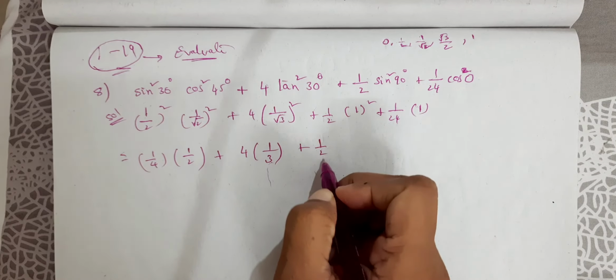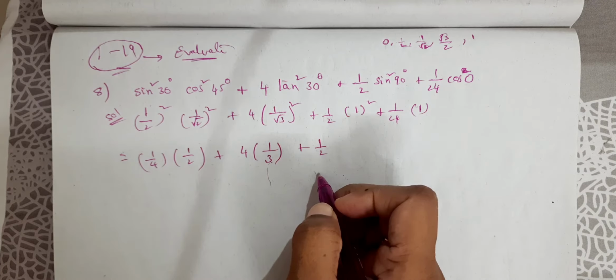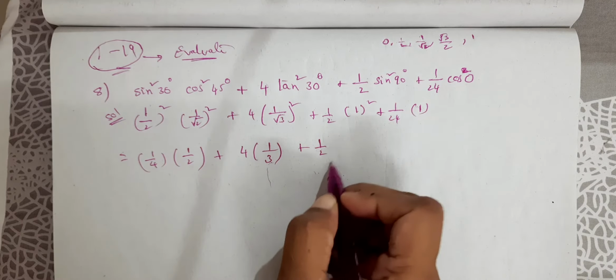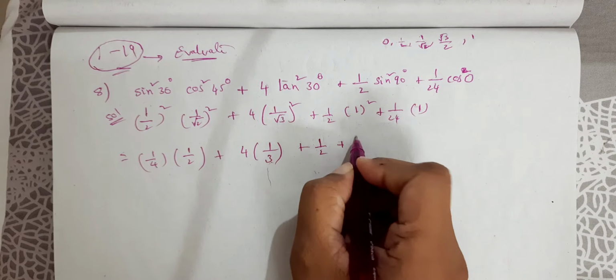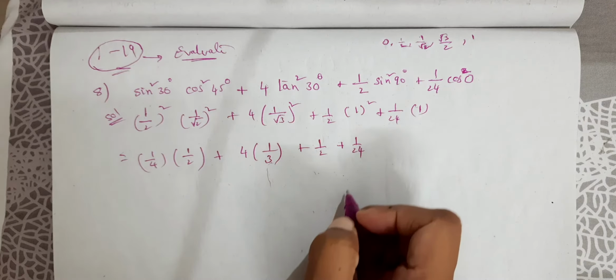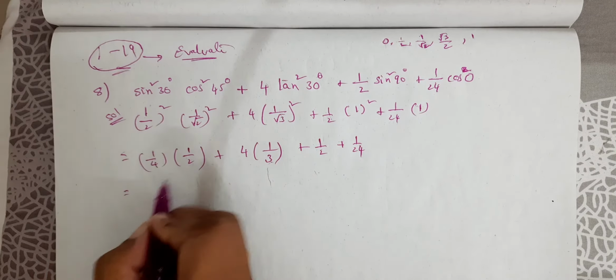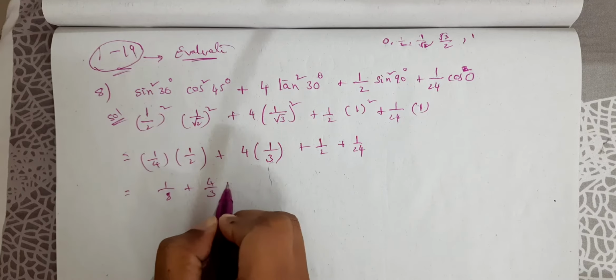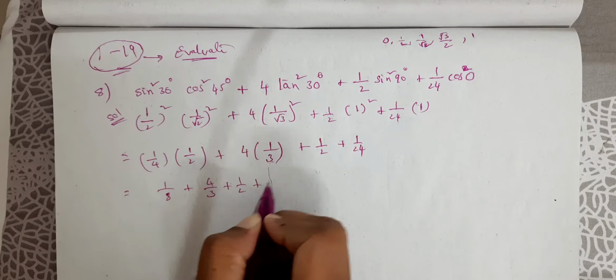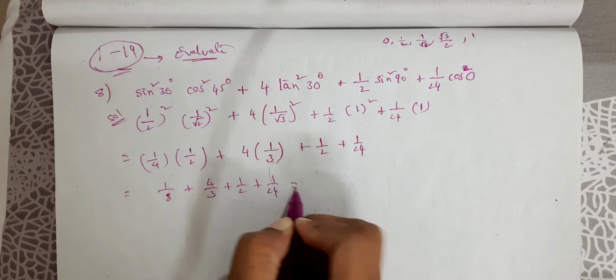So plus half into 1 is half, plus 1 by 24. So this is equal to now 1 by 8 plus 4 by 3 plus 1 by 2 plus 1 by 24.